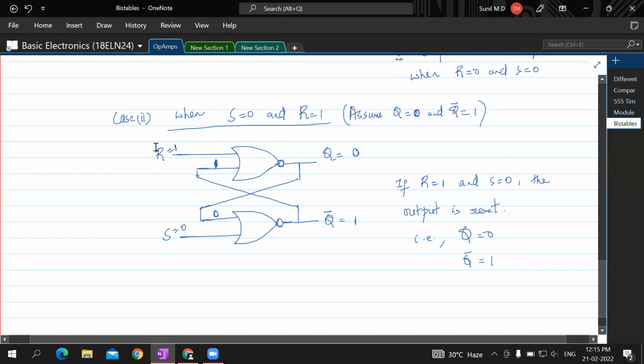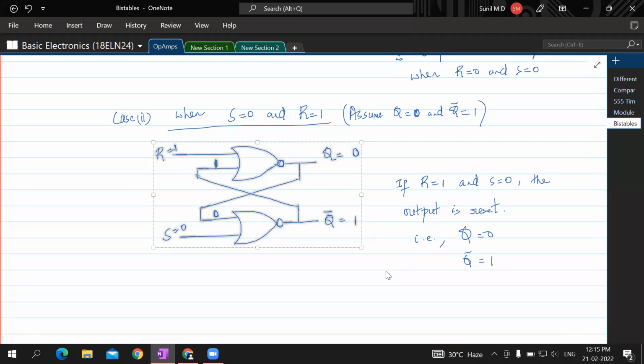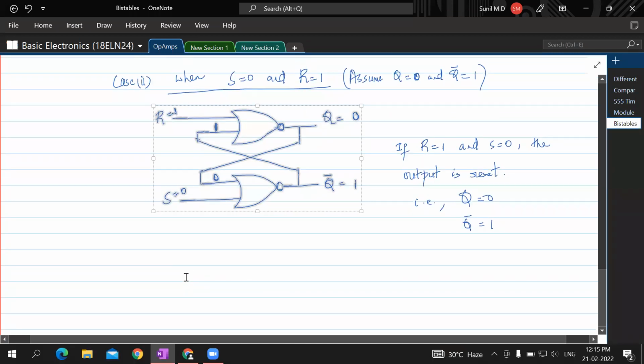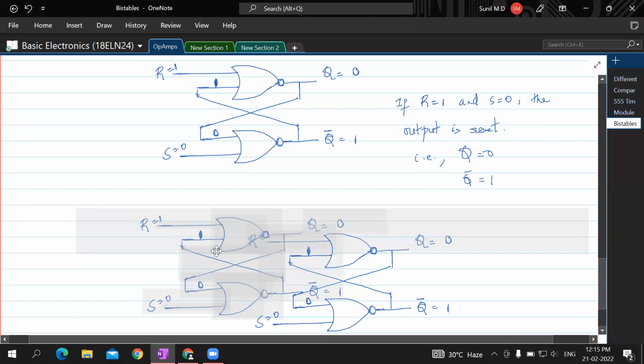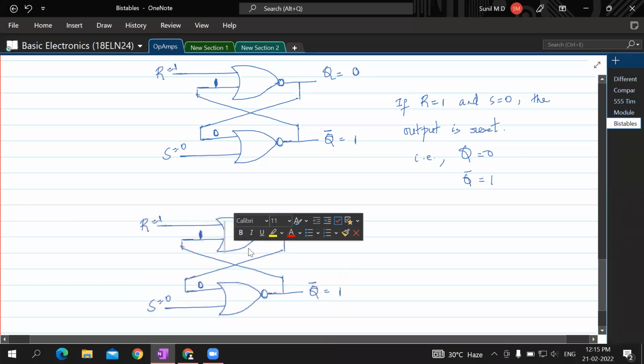Suppose if we do this otherwise, what I mean is, now I'll change the output. So these outputs, let's change and see what happens.